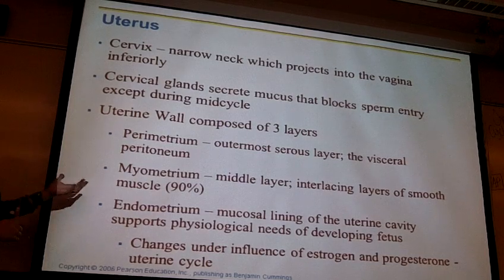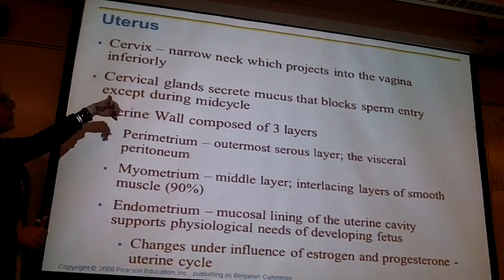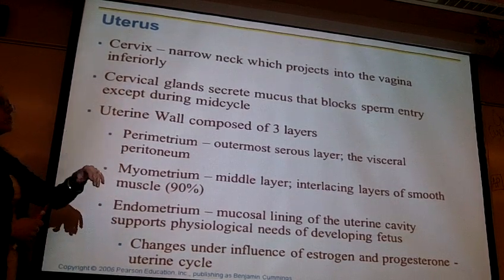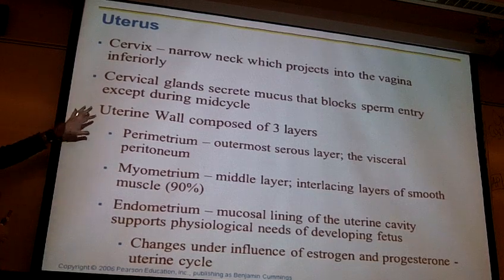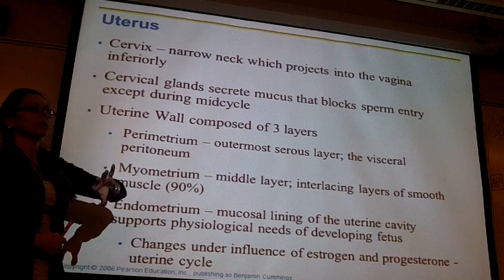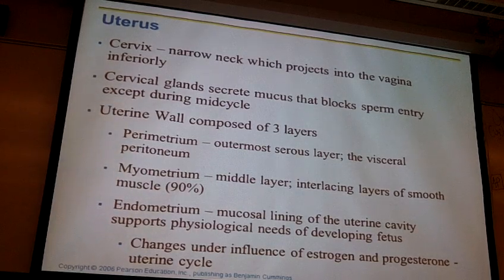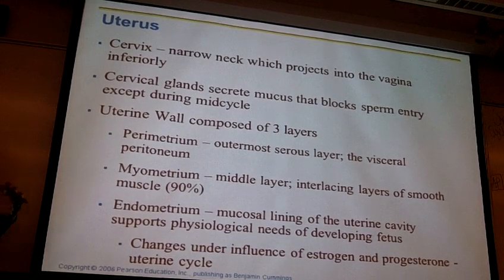Okay, so when you look at the uterus, again, the cervix is the most inferior part that projects down into the vagina like it should. You're going to have a series of cervical glands that are secreting mucus, and the primary job of that mucus is to help keep the sperm from getting past the cervix into the uterus and then into the fallopian tubes.